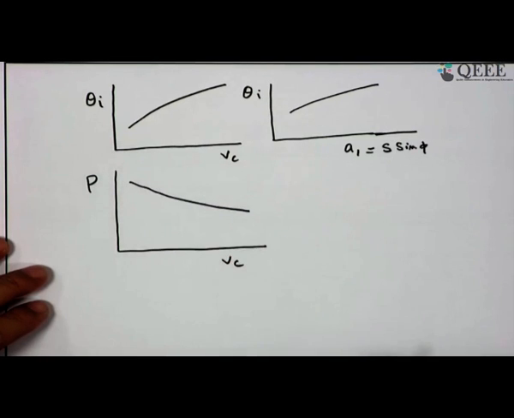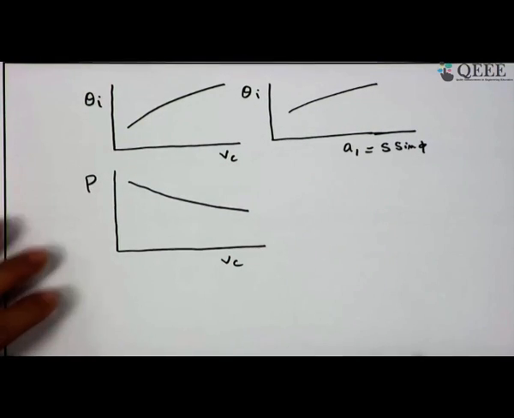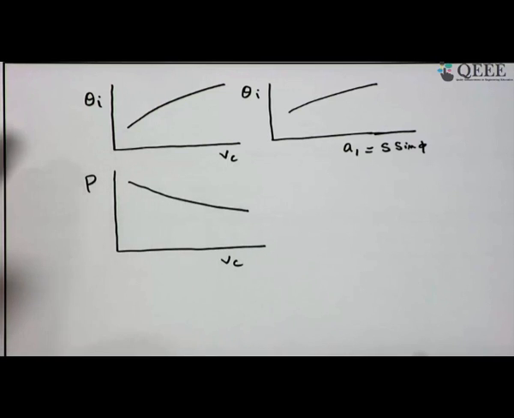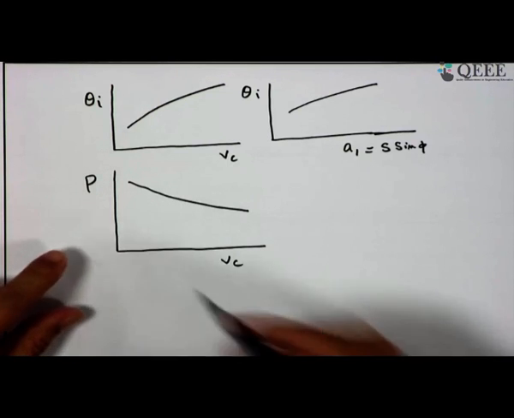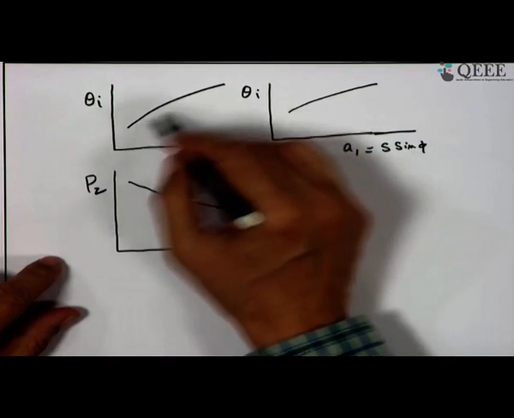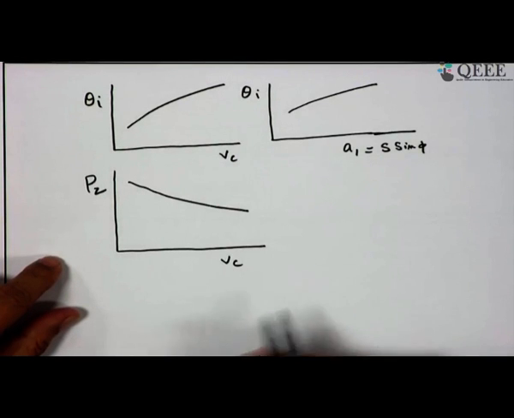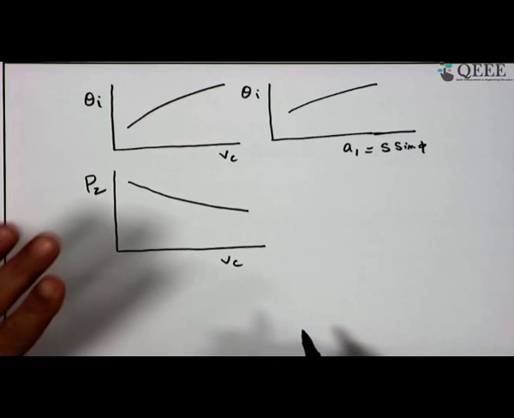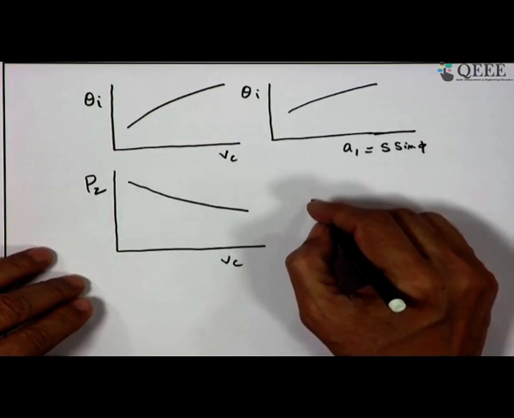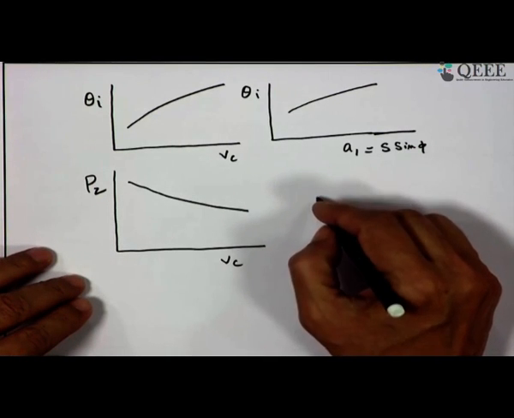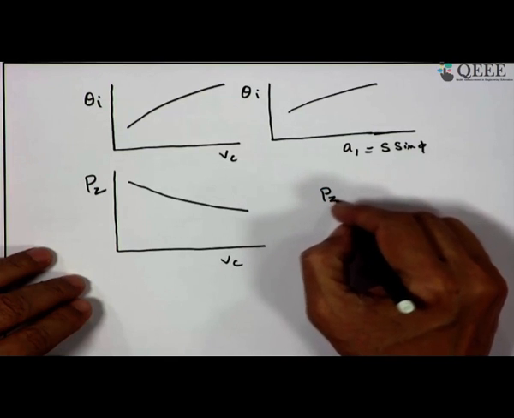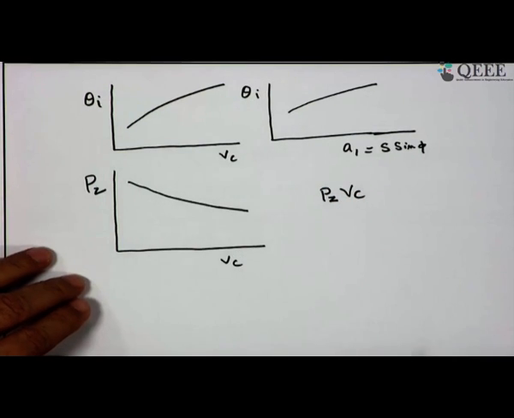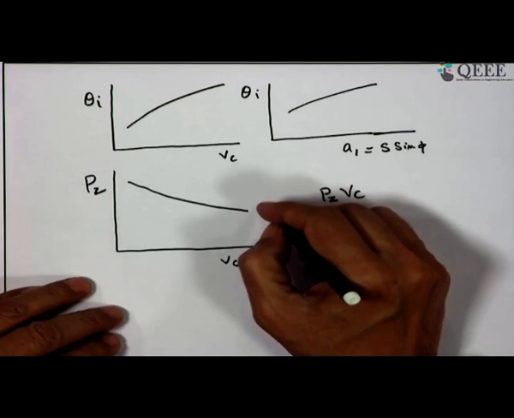So where is the answer? Pz is falling in nature, but temperature is not rising in a linear manner. Why should the temperature rise? One thing is that your cutting power is actually Pz into Vc. Pz into Vc is the main cutting power.